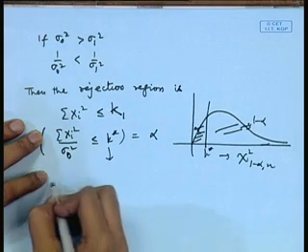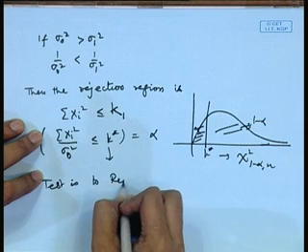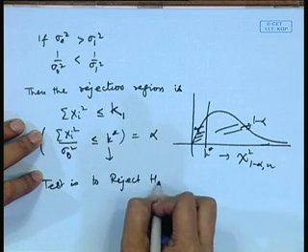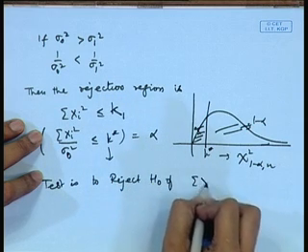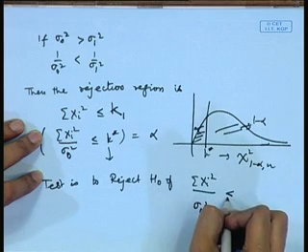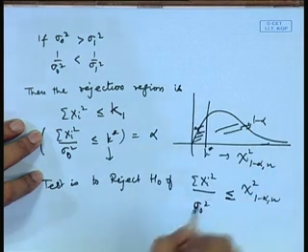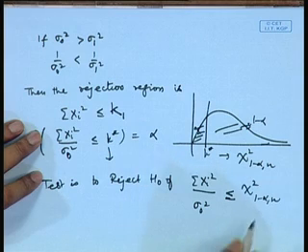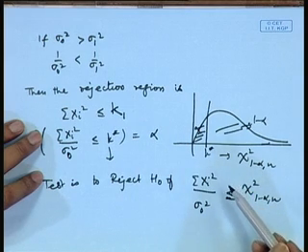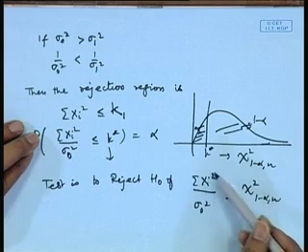That means, the test is to reject h naught if sigma xi square by sigma naught square is less than or equal to chi square 1 minus alpha n. So, you can see here that the region has got reversed.